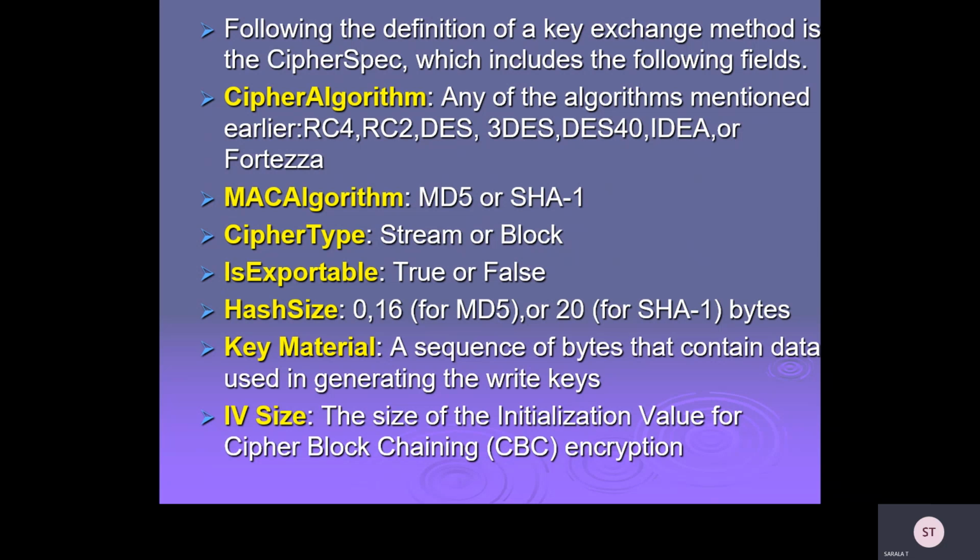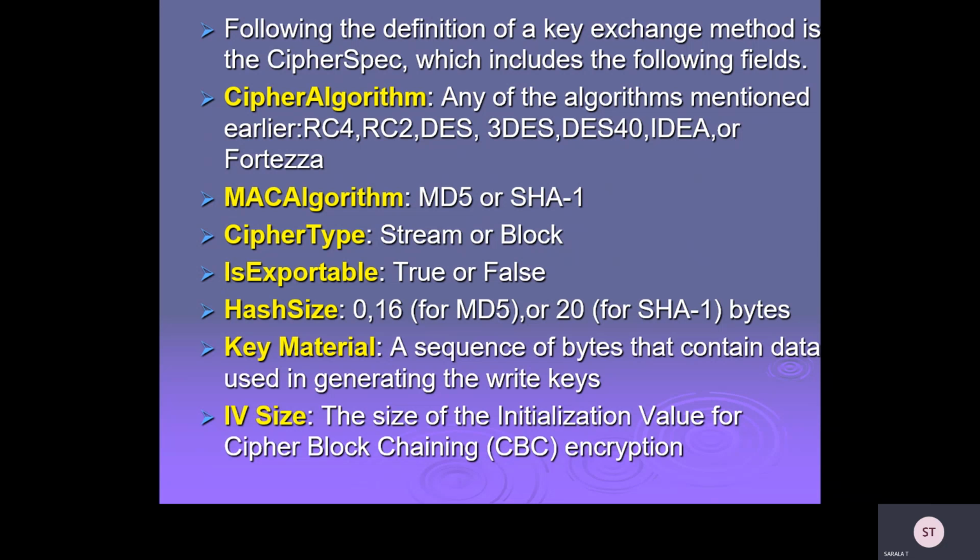Following the definition of the key exchange method is the cipher specification, which indicates the following fields. Cipher algorithm: any of the algorithms mentioned earlier, that is RC4, RC2, DES, 3DES, DES40, IDEA or Fortezza. MAC algorithm is MD5 or SHA-1; only these two algorithms are there. Cipher type is stream or block type. Is exportable is true or false.